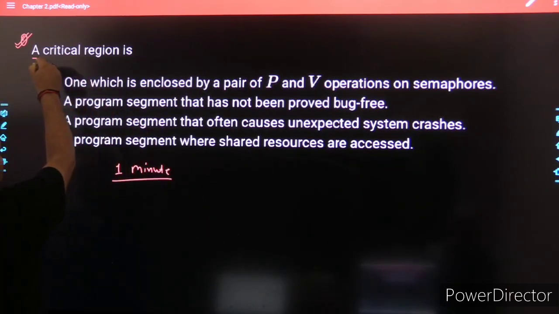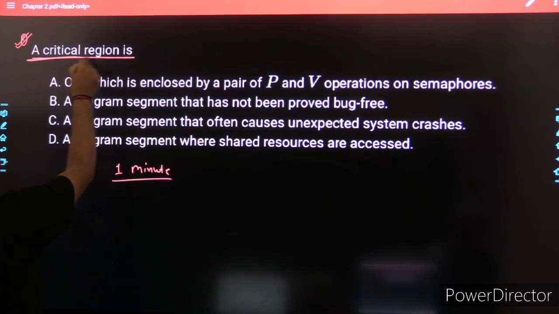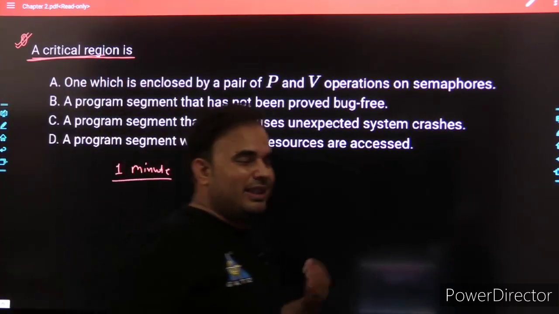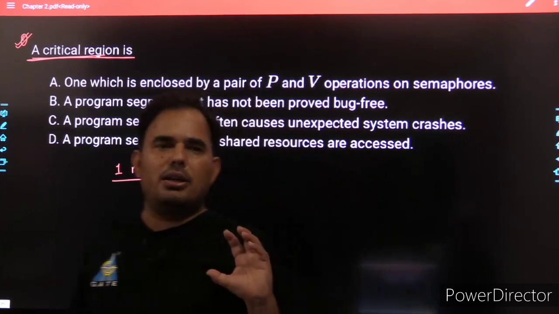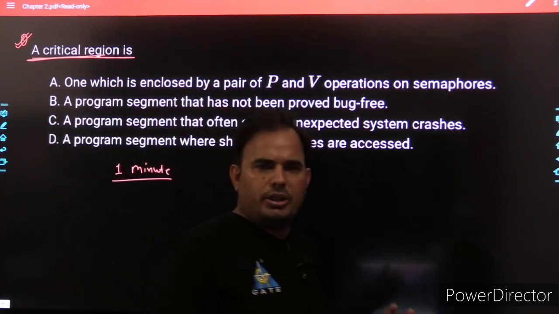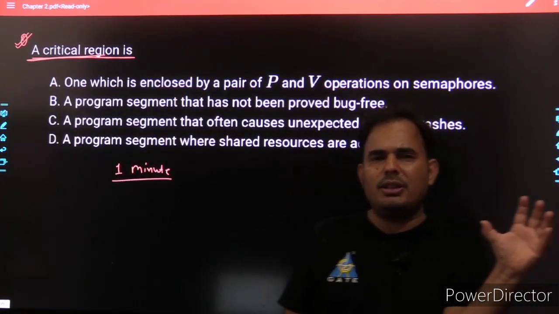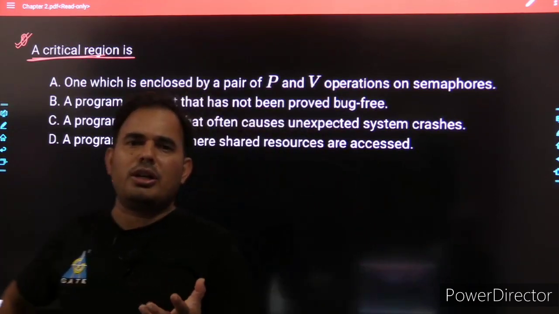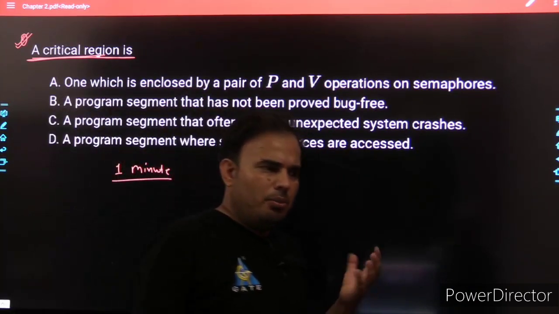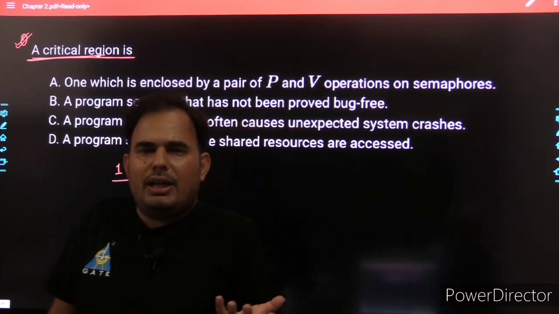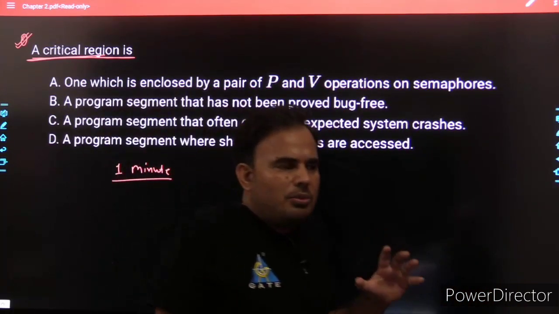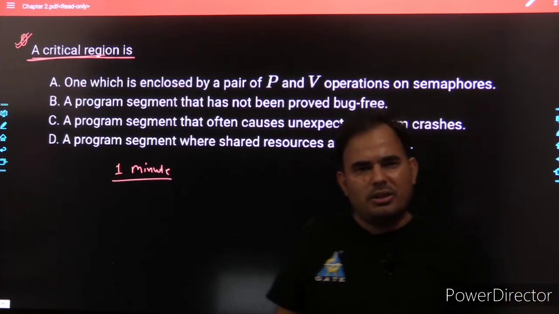A critical region is what? Critical region means critical section. In every process we have two sections: the first one is the critical section, and the second one is the non-critical section. Some instructions of the process need synchronization and some instructions of the process don't need synchronization.